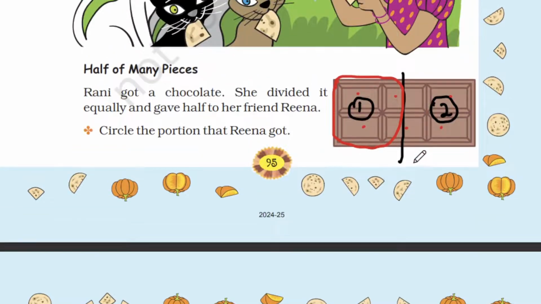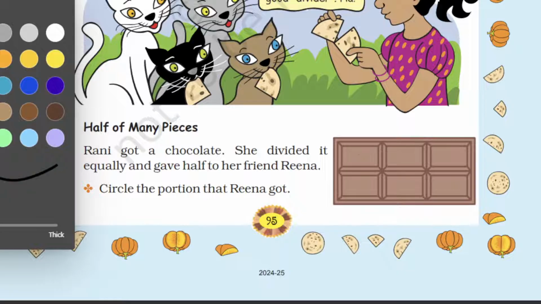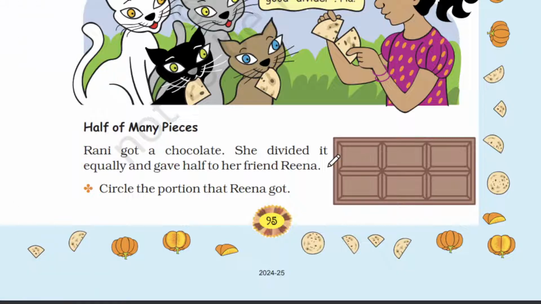Okay. And there is another way of dividing. I'm going to teach you another way. Let me erase this over and let me take black color. Okay, I'm going to divide this equally now in this way. Okay, so this one is the first half and this one is the second half.